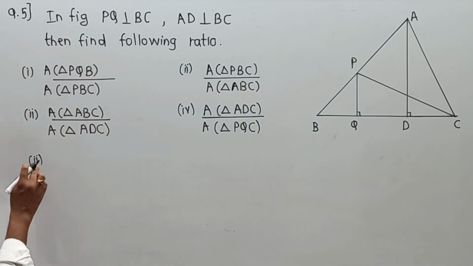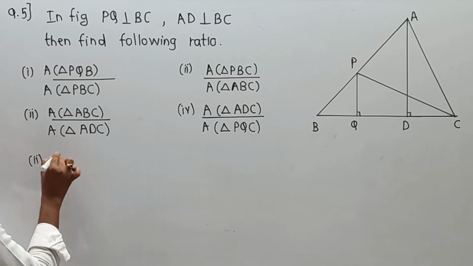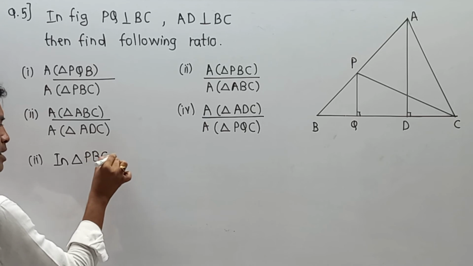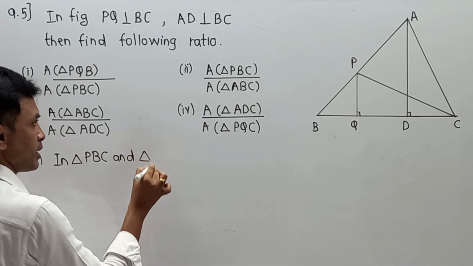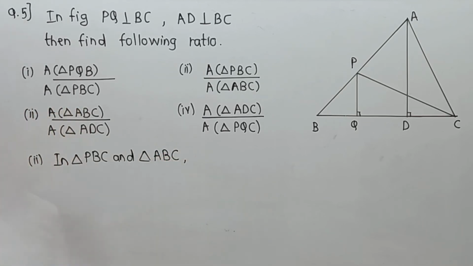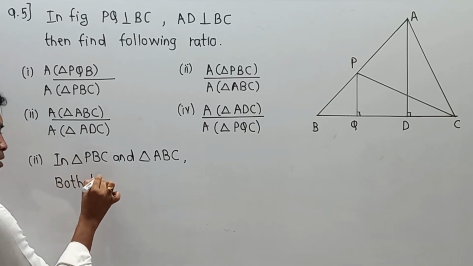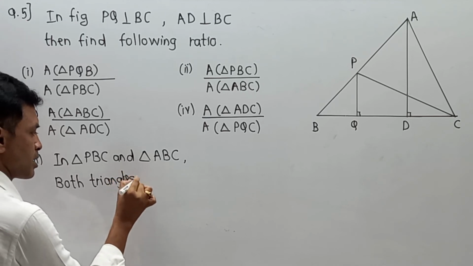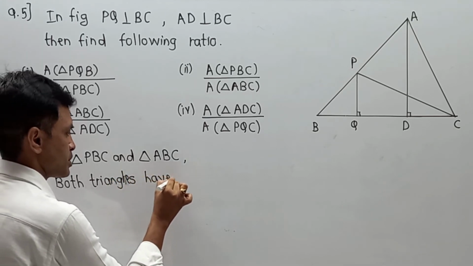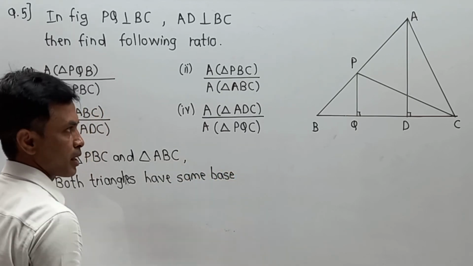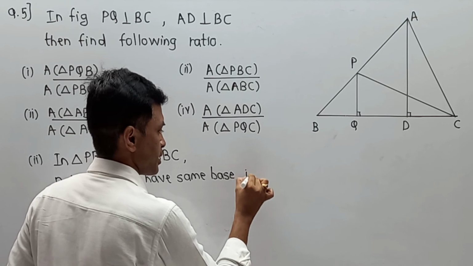So here in second, in triangle PBC and in triangle ABC, both triangles have same base, that is BC.